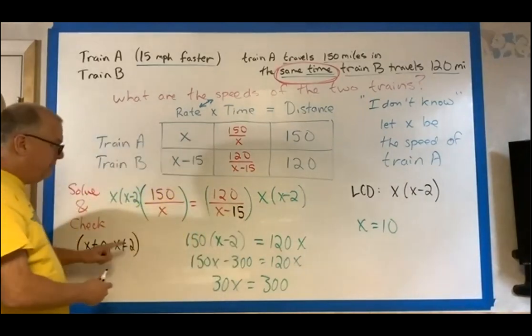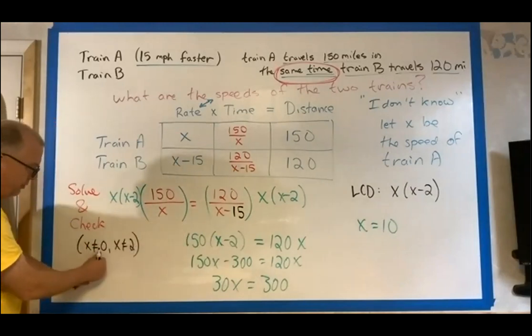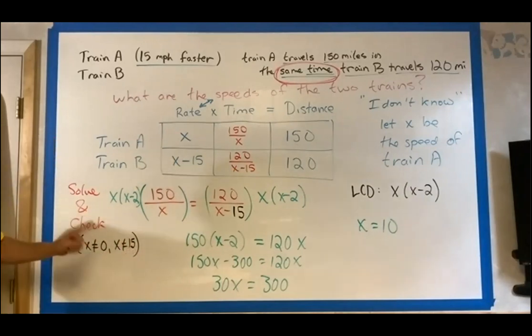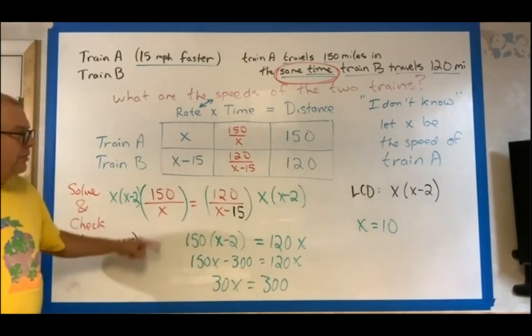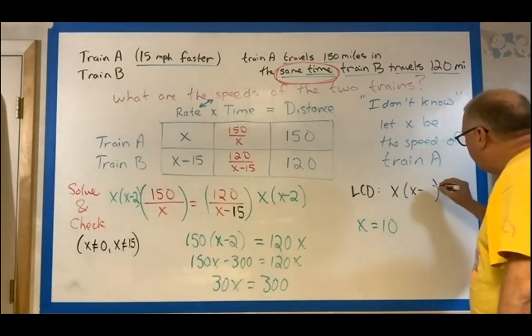Now, that means I have to change what I'm doing here. I don't use 0 and I don't use 15. I'm just slowly tracking everywhere I screwed up, and then let's fix it. That means my least common denominator is x times x minus 15.